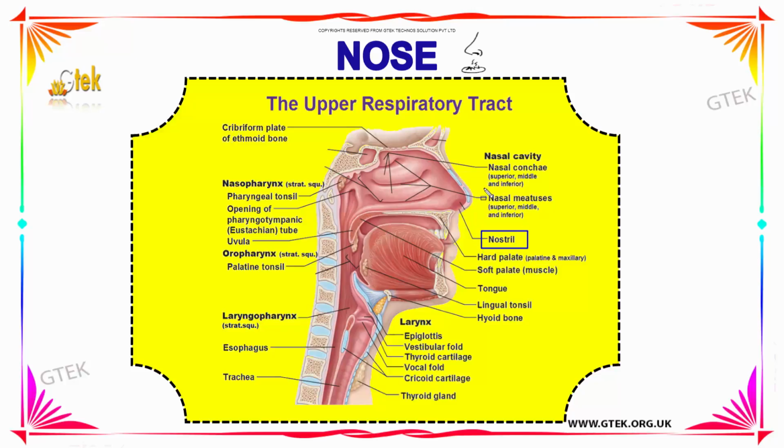Then you have the nasal meatus, followed by the nasal concha. These 3 show the nasal cavity over here. The nasopharynx is the junction of the pharynx with the nasal cavity. So this is the major structure of your nose.